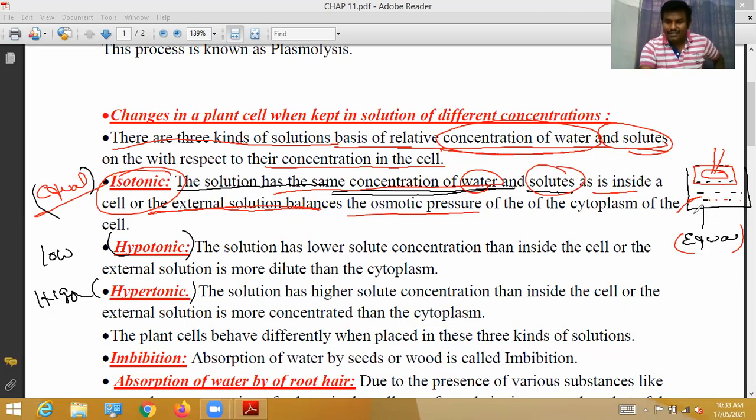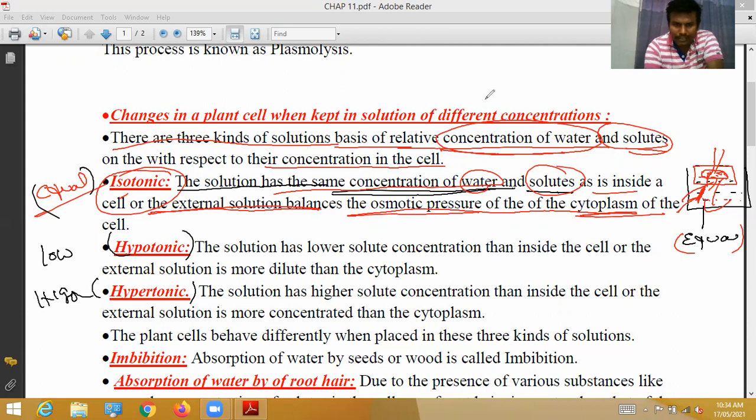But here the concentrations are similar, so the solution balances the osmotic pressure of the cytoplasm of the cell. Nothing happens, no water transfer between the beaker and the cell. That is called an isotonic solution. In these cases, the plant cell does not show any kind of changes.